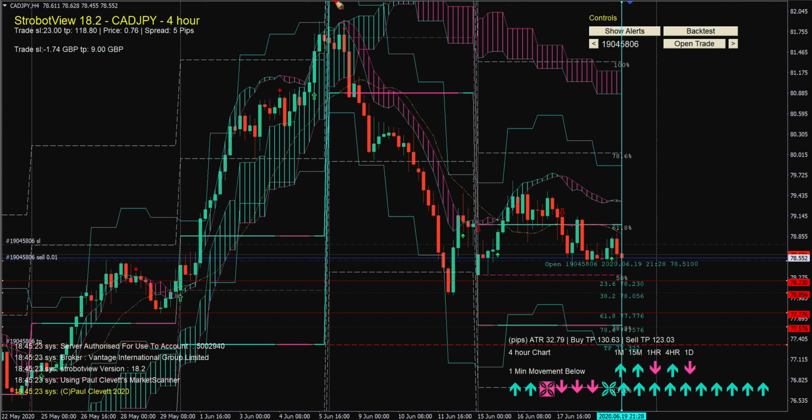Also changes of direction, because it never knows whether it's in a pullback or in a change of direction. But my robot has ways of detecting whether or not it's in a change of direction. So here it knows it was in an uptrend, and it knows it's now establishing a new downtrend, and it's not going to take the trade here because at this point it still thinks it's in an uptrend, and it's looking at that and saying that may be a pullback, so let's stay out of that trade.